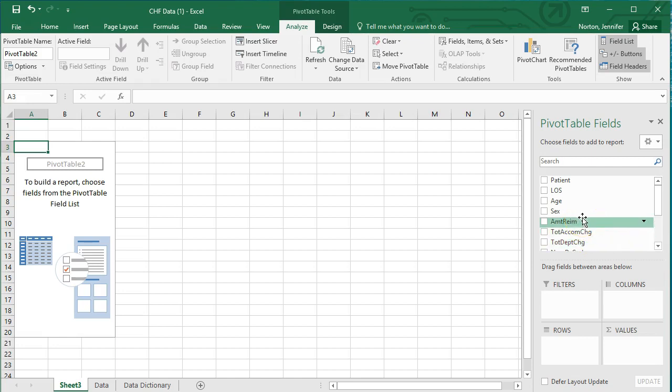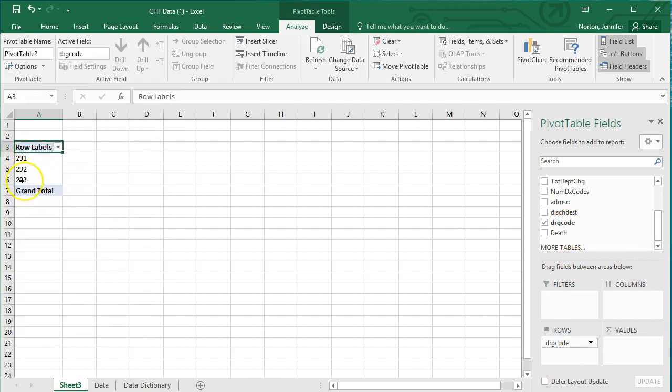So now we have to create our pivot table, and we can do that by, remember, we're wanting to look at a specific DRG code, diagnosis related grouping code. So this separates out our three DRGs for the data set.